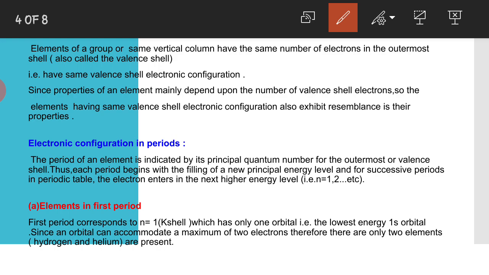Since properties of an element mainly depend upon the number of valence shell electrons, the elements having the same valence shell electronic configuration also exhibit resemblance in their properties.